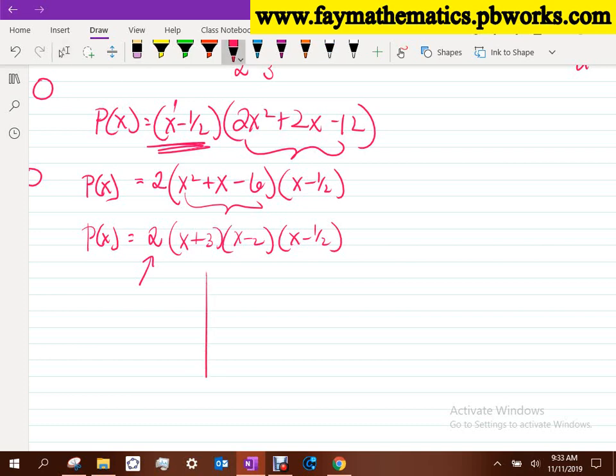If I wanted to graph it, x plus 3 tells me I have a 0 where? Negative 3. Okay, x minus 2 tells me I have a 0 at positive 2. And x minus 1/2 gives 1/2, right? End behavior looks like this, correct?